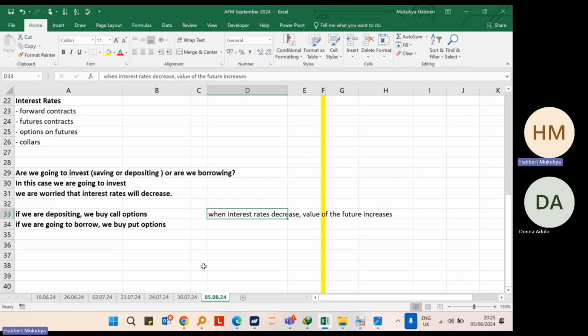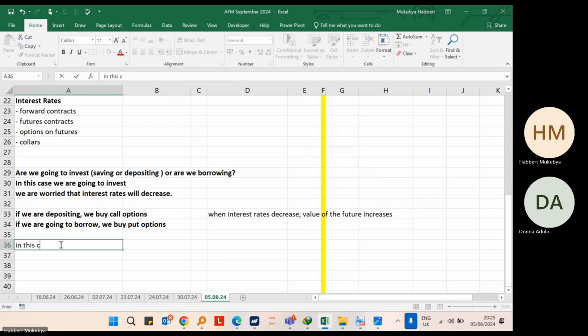But if you read there, you find there is information that can help you. If you are going to invest, you always buy call options, and if we are going to borrow, we always buy put options, which means that in this case, we shall buy call options.